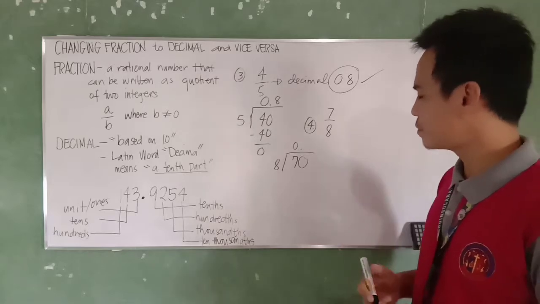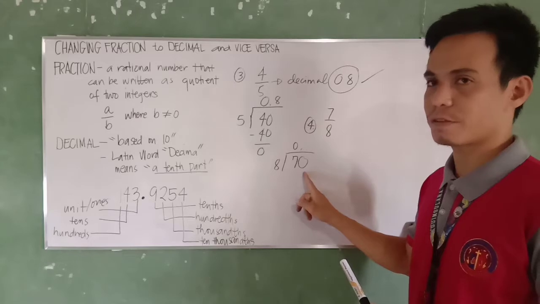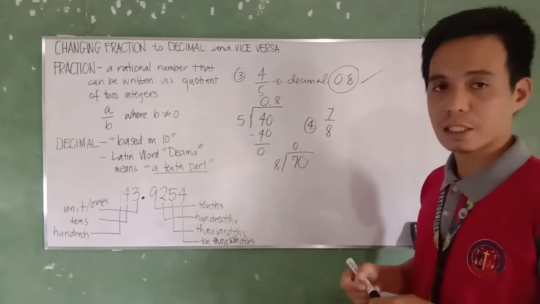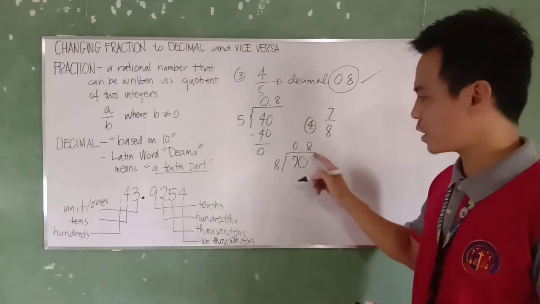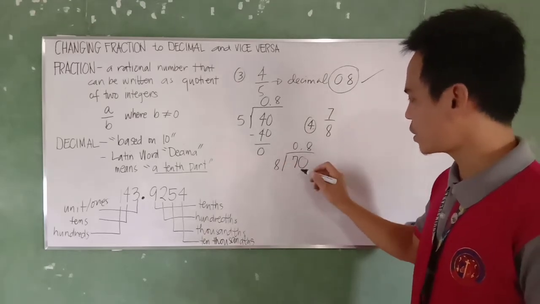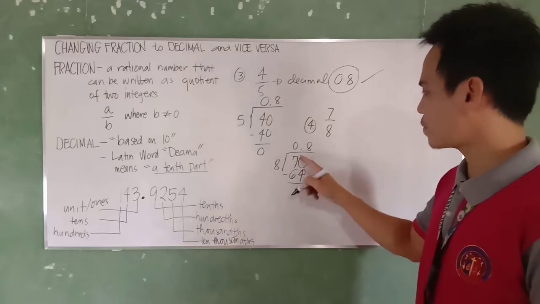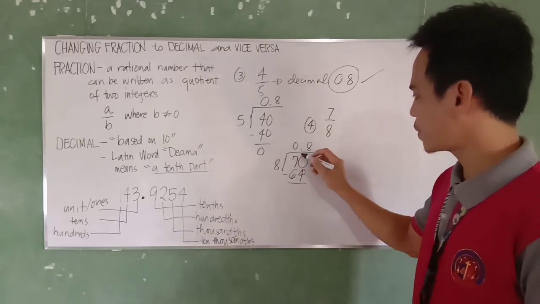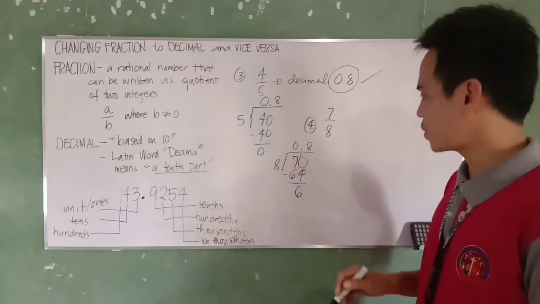Okay? So therefore, 70 divided by 8. Ilang 8 meron si 70 we have? Ilan nga ba? We have 8. Okay? 8 times 8 is 64. So 70 minus 64 is 6. 6 minus 6 is 0.